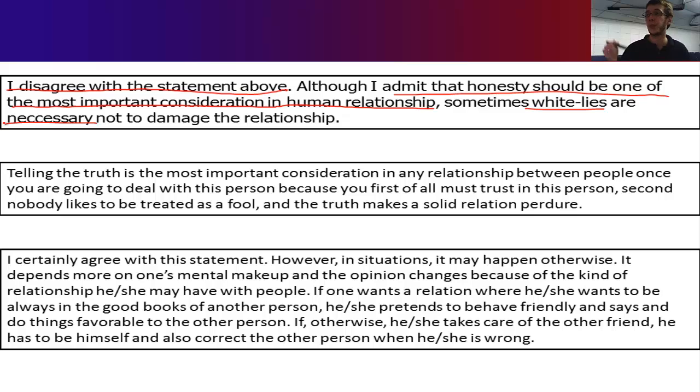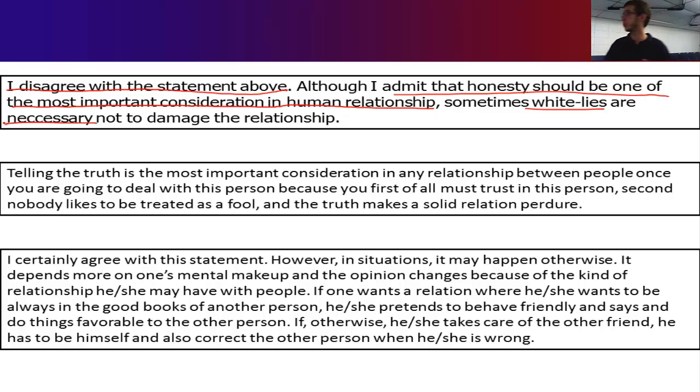A second example: telling the truth is the most important consideration of any relationship between people. Once you're going to deal with this person, because you first of all must trust this person. Second, nobody likes to be treated as a fool. And the truth makes a solid relation perdure.